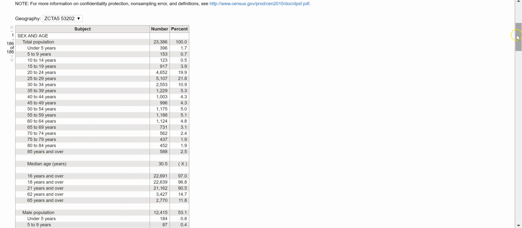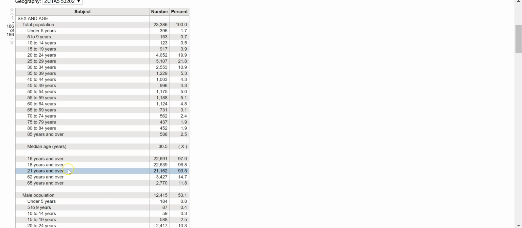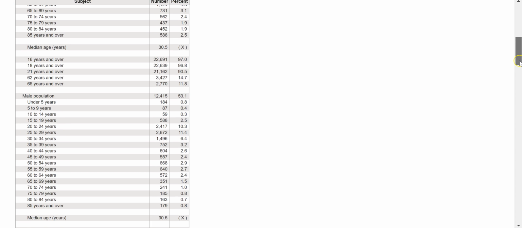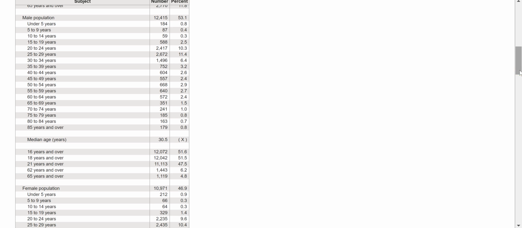And then you can also see that the median age in years is 30.5. So it's a pretty young population, if that's the median age. And then it further breaks out by male and female. So you can see that 53.1% of the population in 53202 is male, 46.9% of the population in 53202 is female.